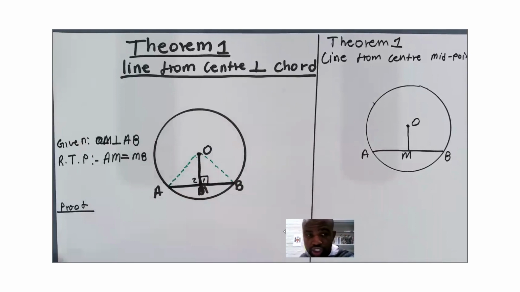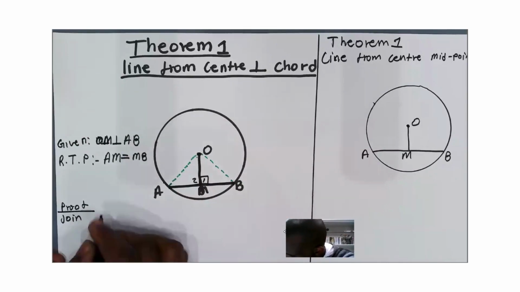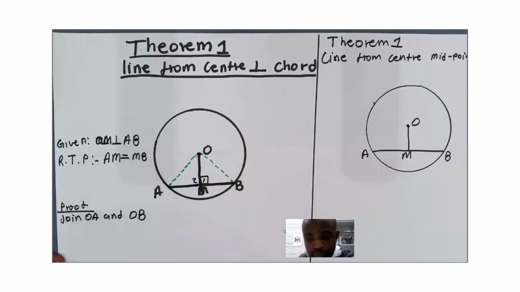There are two constructions that we need to do when we are proving this. So bhala phansi here that we joined OA and OB. Very important to ukusho ukuthi we are joining these two things.